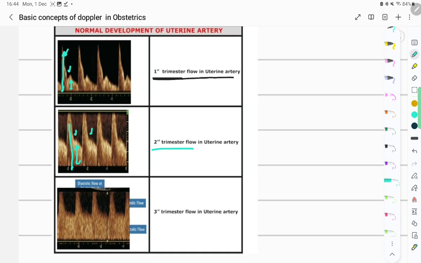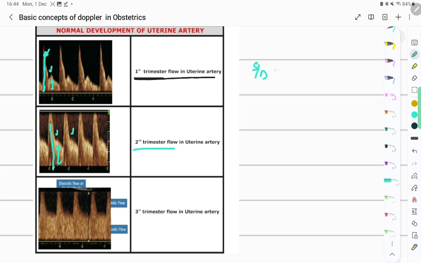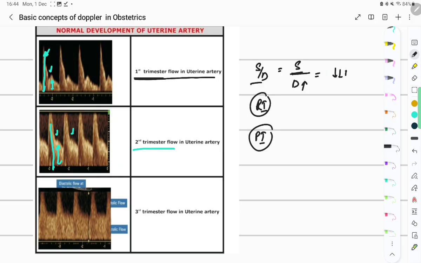So SD ratio will decrease. Why decrease? If you can interpret a graph, then you can easily tell what will be the value of SD ratio, PI and RI. So just tell me, if diastole is increasing, the denominator is increasing, that means the SD ratio value will be decreased.